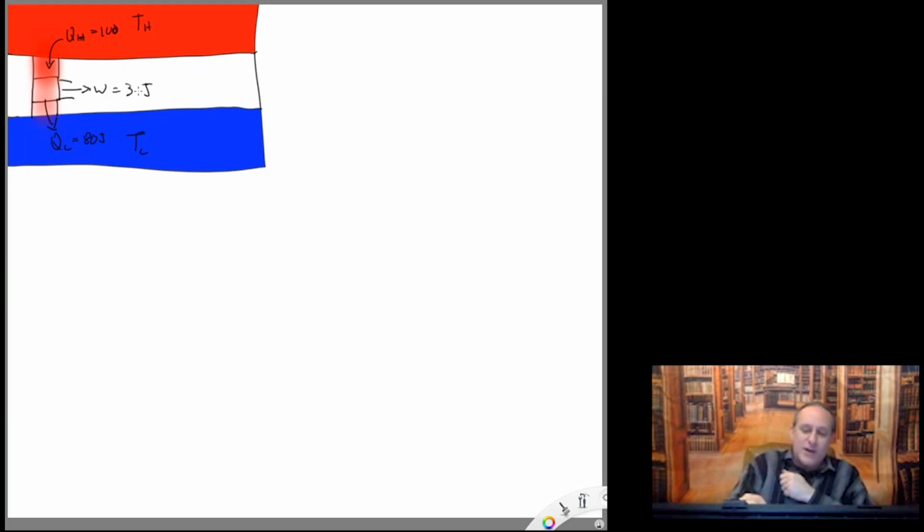So we would have 30 being the work output when the heat input is 100, and then the waste heat output would be 70. So that's my more efficient machine that someone made. Now, Carnot has his machine, which is reversible and will take 20 joules.